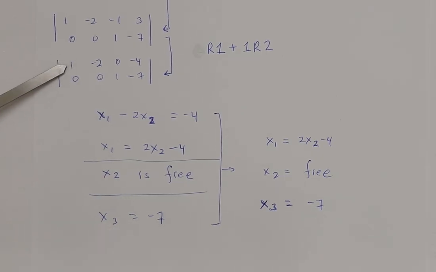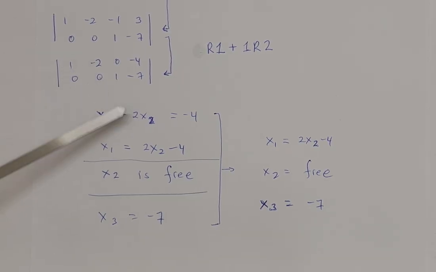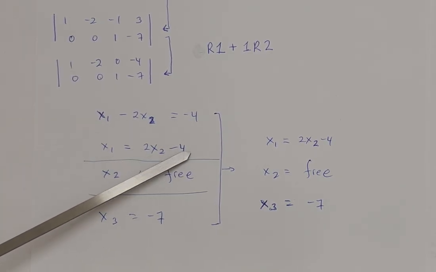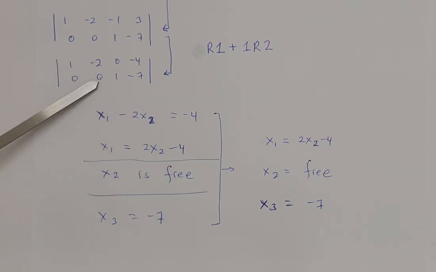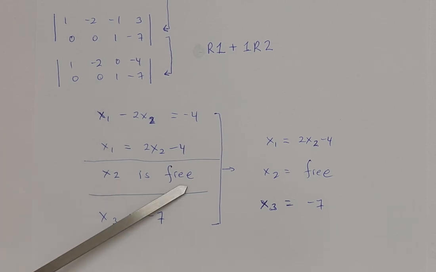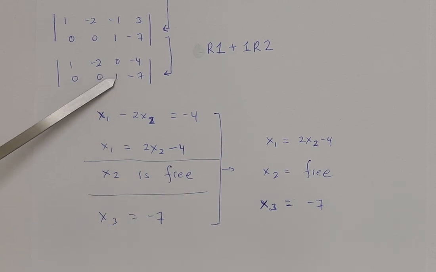There is something in x1, so x1 minus 2x2 equal negative 4. Solve for x1, bring this negative 2 over, so it becomes positive 2x2 minus 4. Next, this is x2, but there is no x2, so we say free. Then x3 equal negative 7, which is already solved.